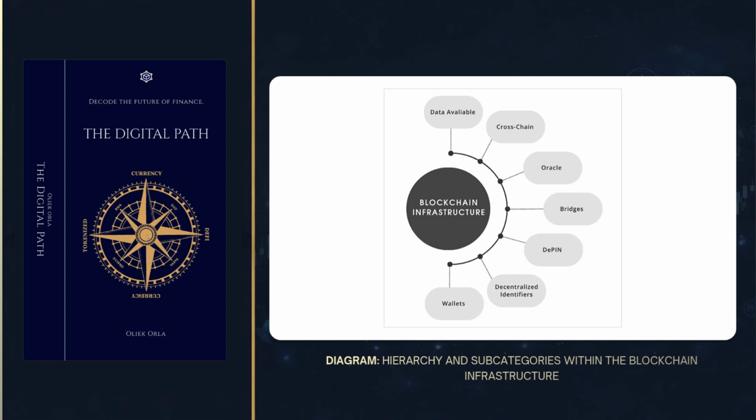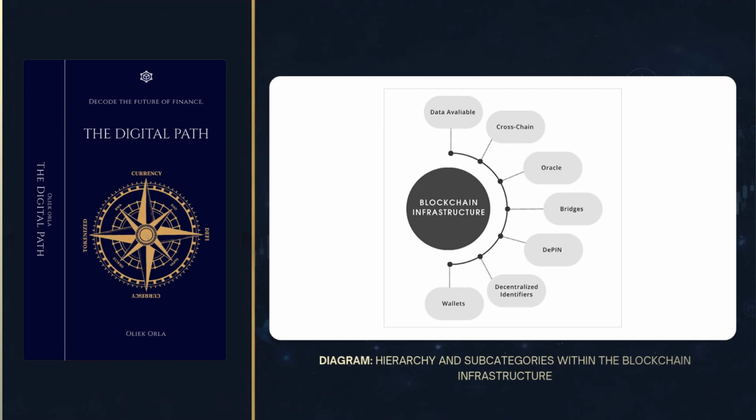Without oracles, most DeFi protocols, derivatives platforms, and insurance applications simply would not function. They ensure accurate smart contract execution and extend blockchain capabilities far beyond internal network logic. Examples: Chainlink, Band Protocol, and Pyth.